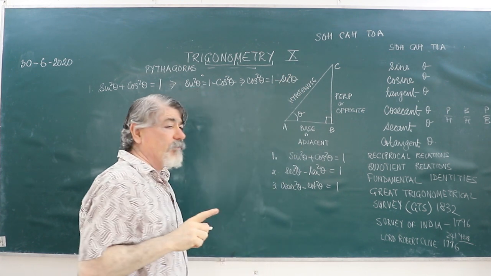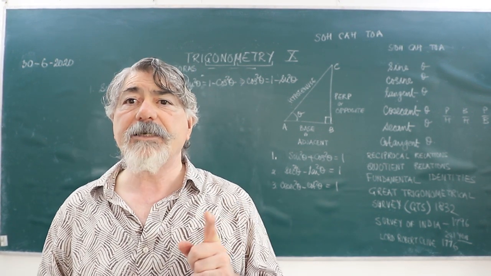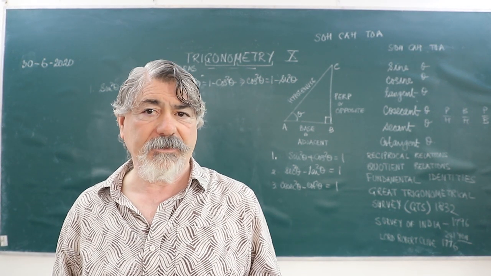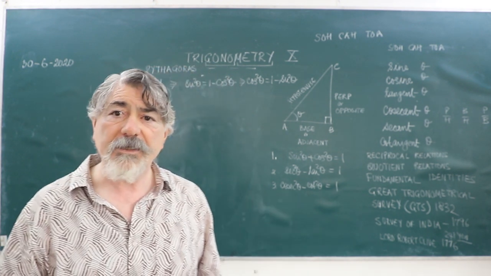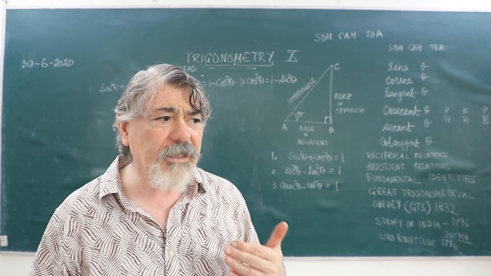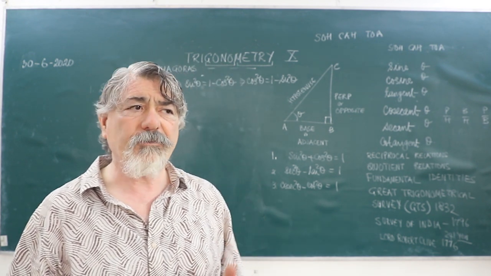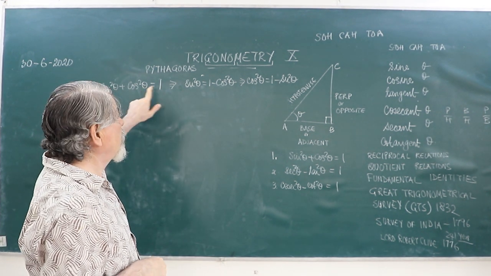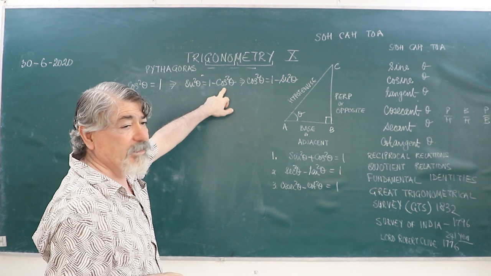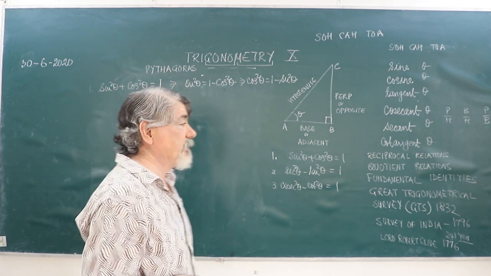So from one identity, I have three relations, depending upon what is the subject of the formula which I am going to calculate. It depends upon the question. What kind of question have you got and what do you want? So sin square theta plus cos square theta is 1, or sin square theta is 1 minus cos square theta, or cos square theta is 1 minus sin square theta.